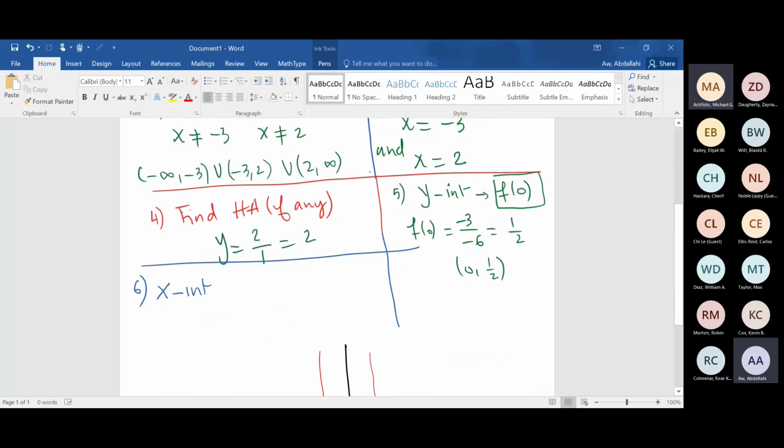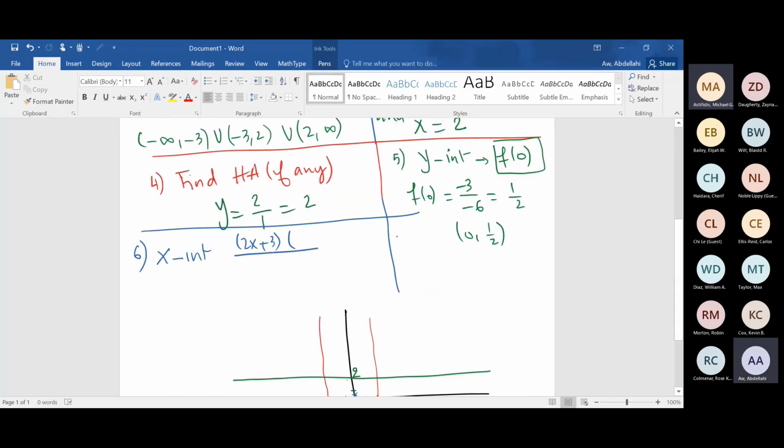So we said (2x plus 3) times (x minus 1) over (x plus 3) times (x minus 2) equals 0. Now, every time a fraction is set to 0, who is going to play something, the numerator or the denominator?